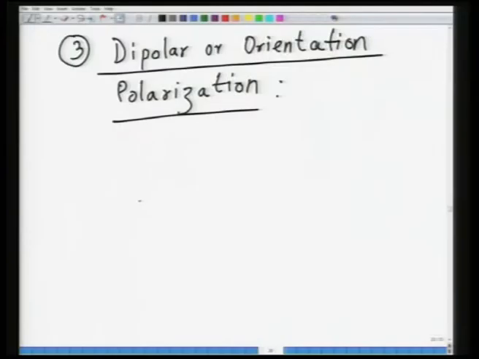So, for instance, you can have a scenario like this. Let us say I have this as a negative charge, and let us say this was bonded to positive charges like this.